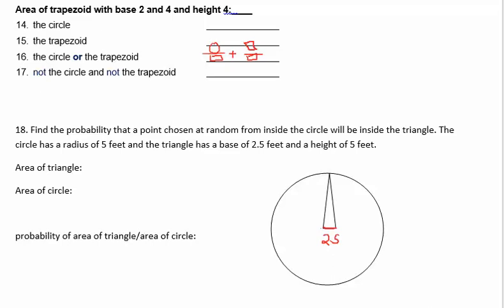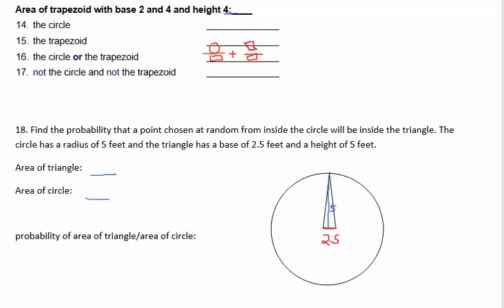So the height of this triangle is equal to the radius of the circle. So if you find the area of the triangle by using 1/2 base times height and the area of the circle, pi r squared, then you'll be able to write this as a ratio and then change it to a decimal or a percent. So these are really not very difficult.